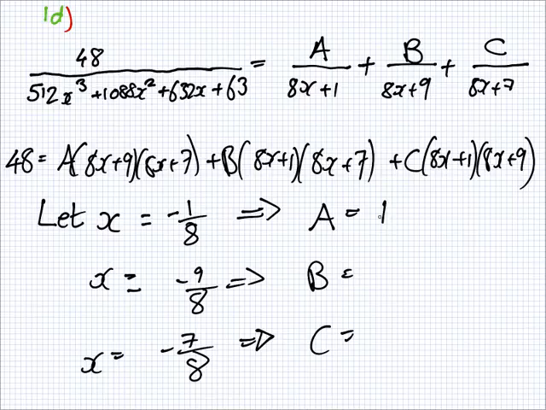Did you get them? What did you get for B? 3. And C? Minus 7.